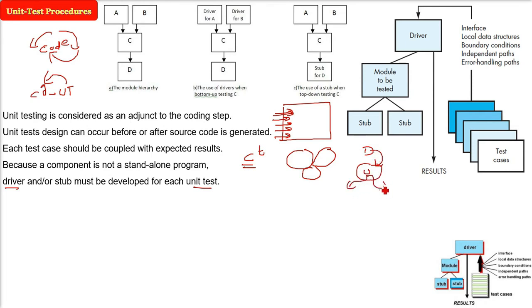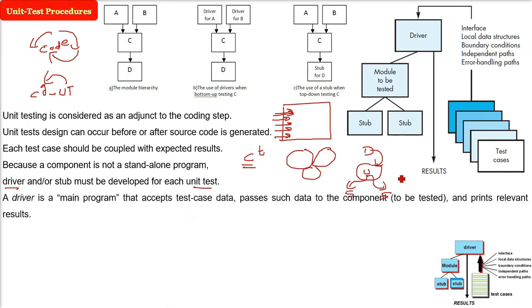But this component may be invoking some other code also. The driver is a main program that accepts the test case data, passes this data to the component you are testing, and may give the result or print the relevant result. This is the driver program you need to write for unit testing.